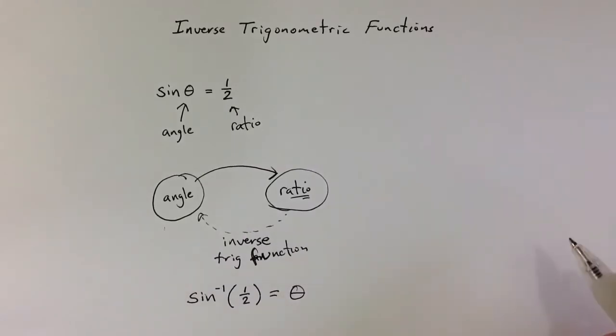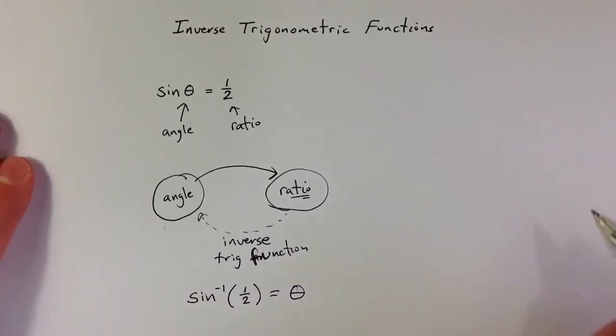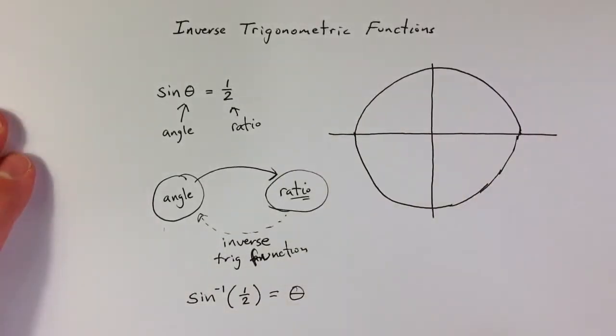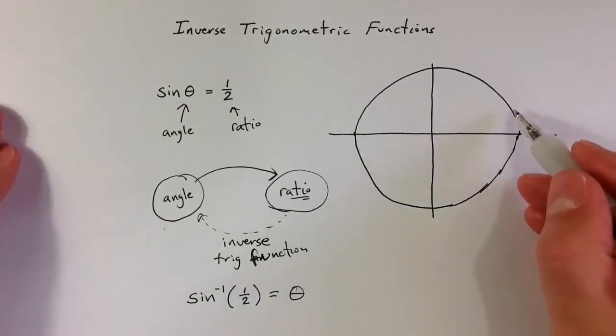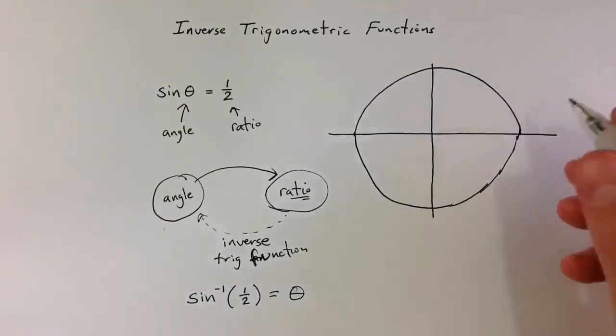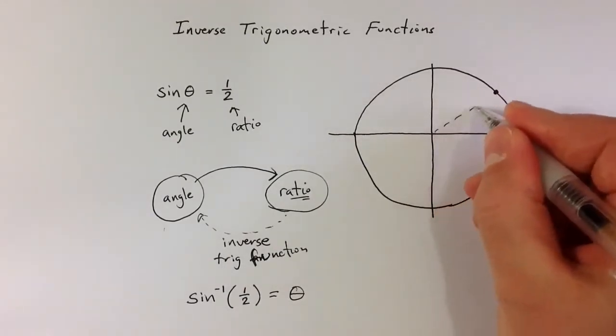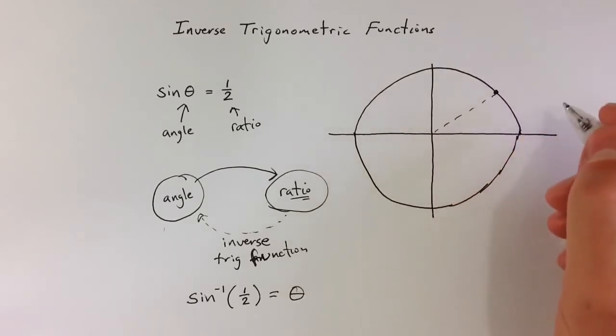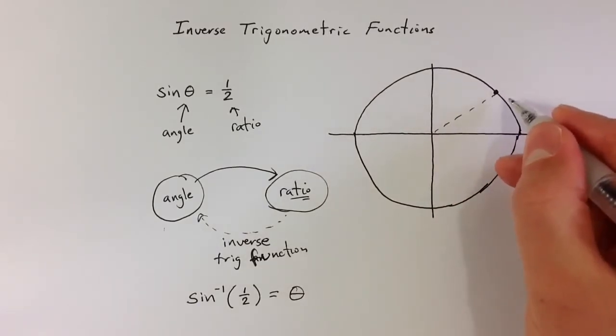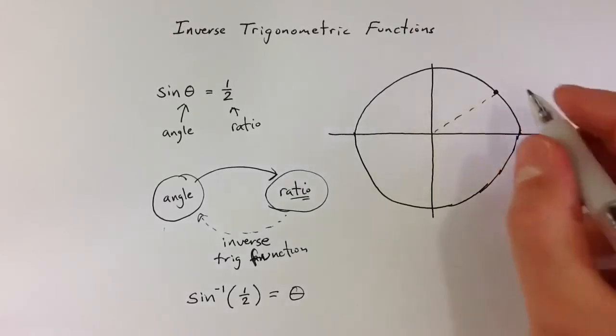But there's a problem, there's kind of a complication here. The trigonometric functions are ultimately defined using the unit circle and angles in standard position. And so the ratio of 1/2 corresponds to a point on the unit circle, and that point can be related to a whole bunch of different angles.